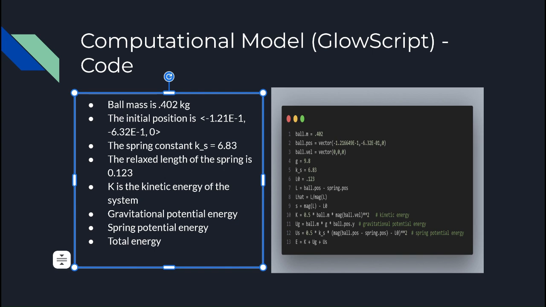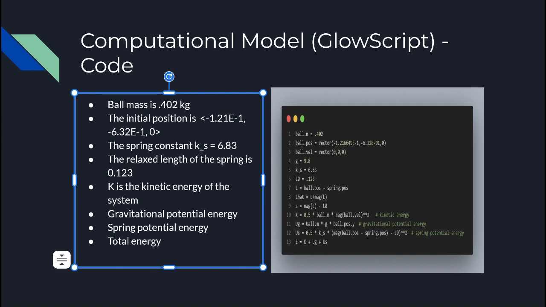K is the kinetic energy of the system, which was found by multiplying 0.5 times the ball mass times the magnitude of the ball velocity squared. Then the gravitational potential energy was found by the ball mass times gravity times the ball position on the y-axis.